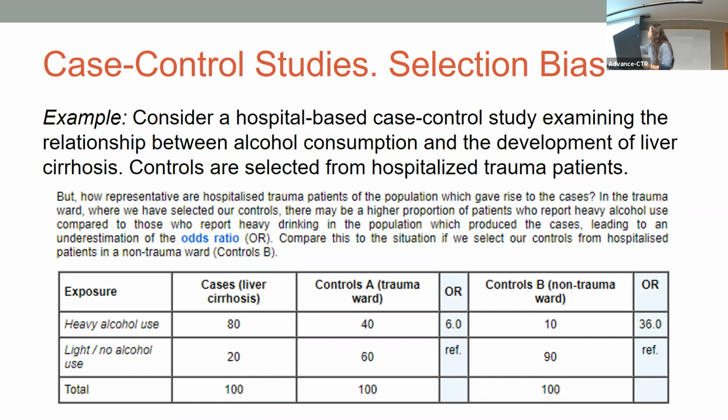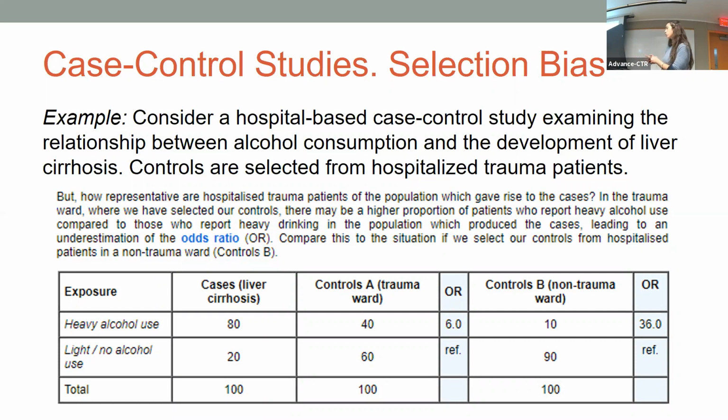That's the first two columns in this table. When they pick these controls and do their odds ratio calculations in the same way that I just showed you, by taking 80 times 60 divided by 40 times 20, they end up finding that the odds ratio is 6.